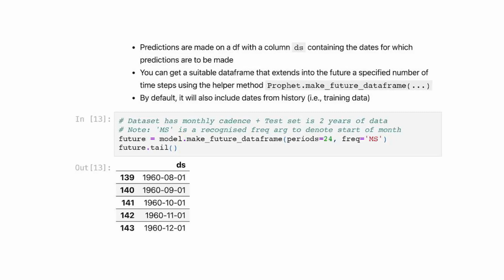For example, the first convenient method that we encounter will be the make_future_dataframe method. This method allows you to extend the training set that was used to train the model by a certain time period. As you can see in the slide, the parameters of this function determine how many points, what the frequency should be, etc., while extending the training set. So the resultant data frame, future, also contains the training points as well as these extended points.